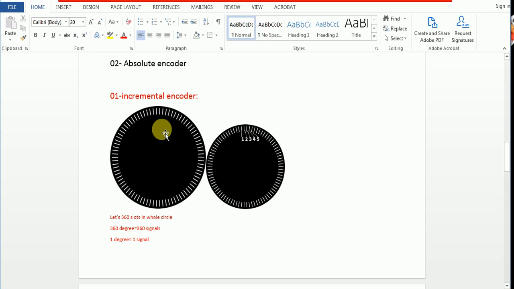One more thing to learn: the incremental encoder loses its value when the machine loses its power, because the counter is counting. For example, at point 5 your machine loses power, so when you turn the power on again, the value of the counter will be 0; it loses its position.